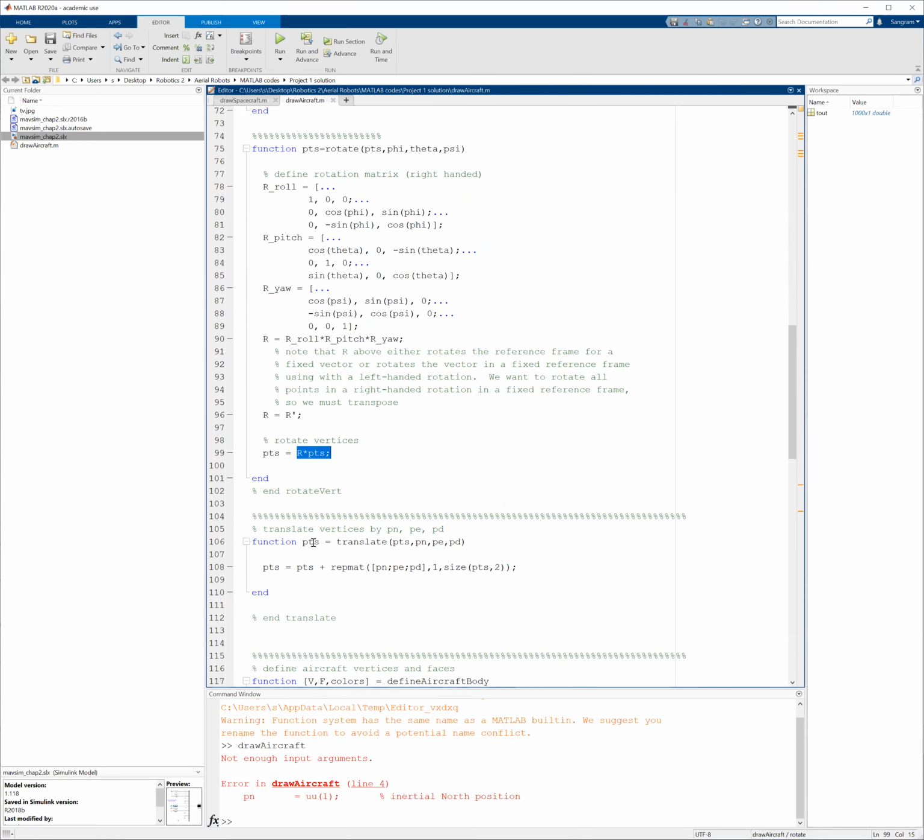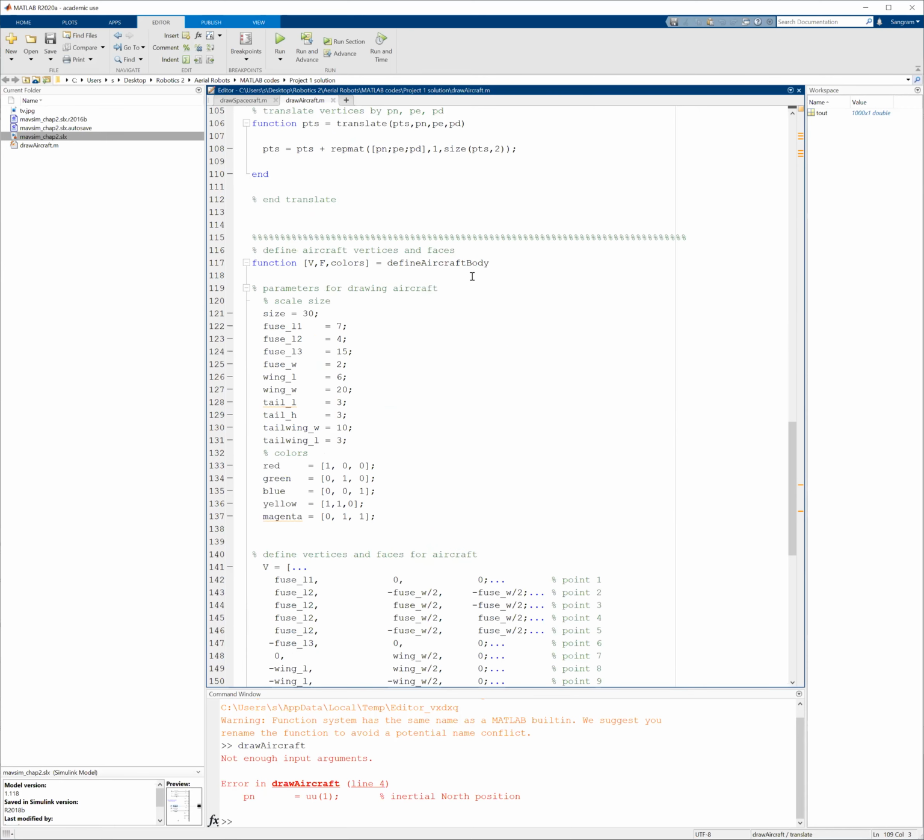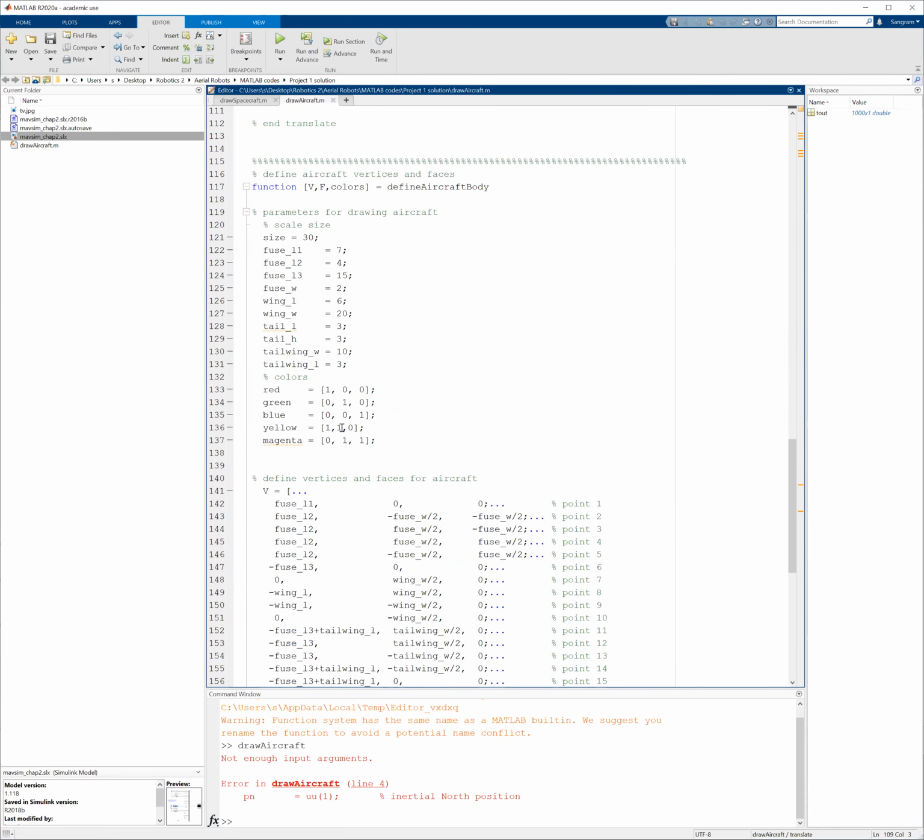And then if you want to do the translation, you supply PTS, P N, P E, P D, and that will cause this replication of MAT. The matrix replication will add the dimensions to the original points, so it will translate them by X, Y, and Z. The define aircraft body function is used to actually draw the aircraft.